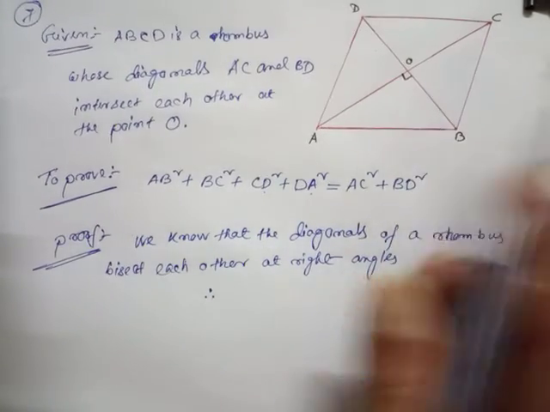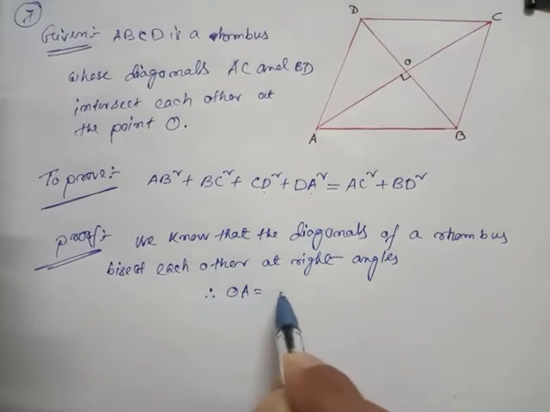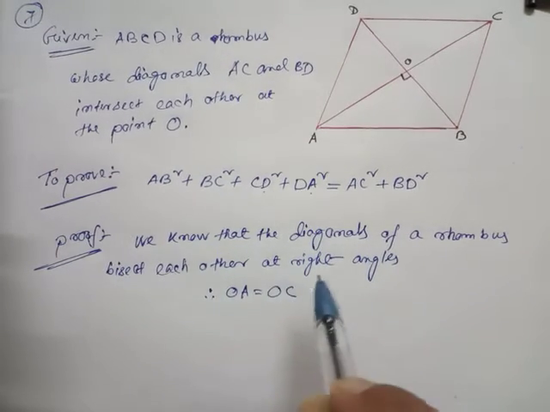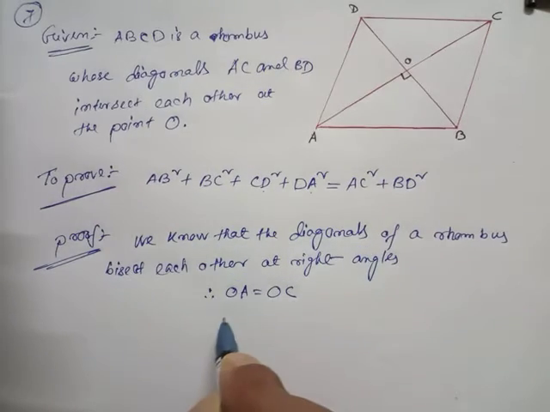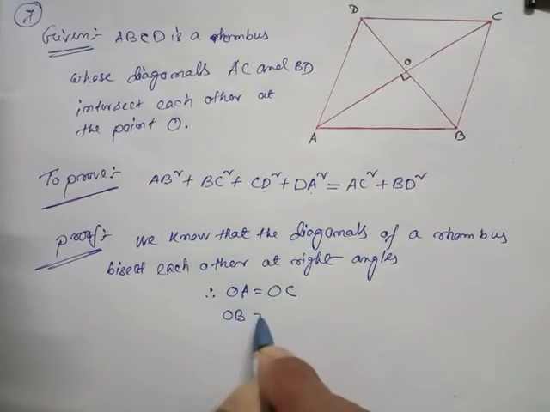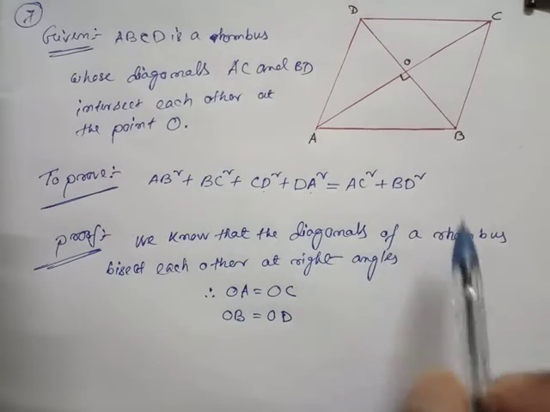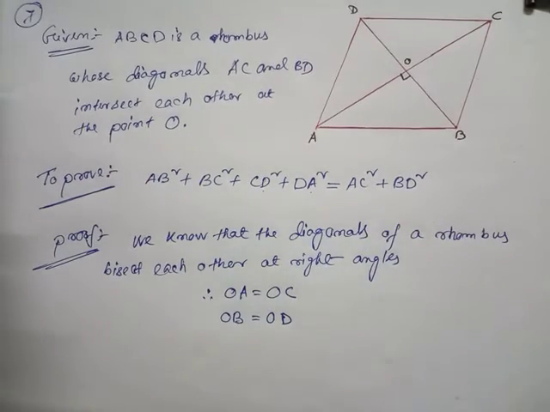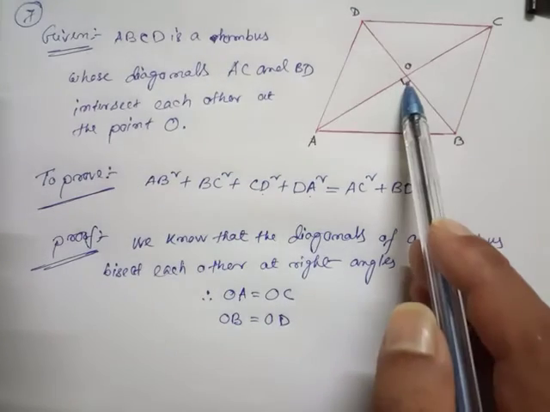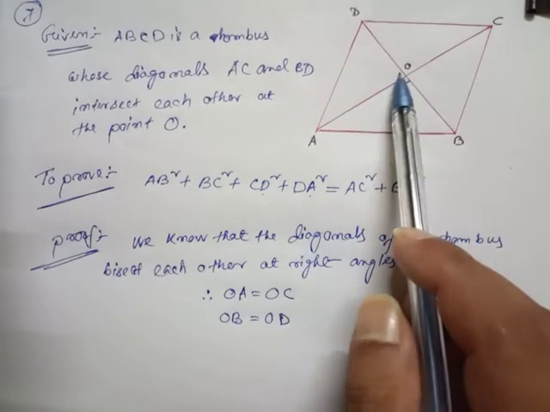So if it is so, then we can write down here OA equal to OC, and OB equal to OD. This is according to the theorem, diagonals of a rhombus bisect each other at right angles. Now look student, if this is 90 degree, this is also 90, this is also 90.